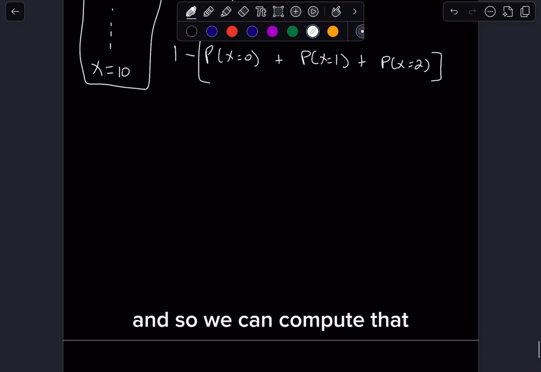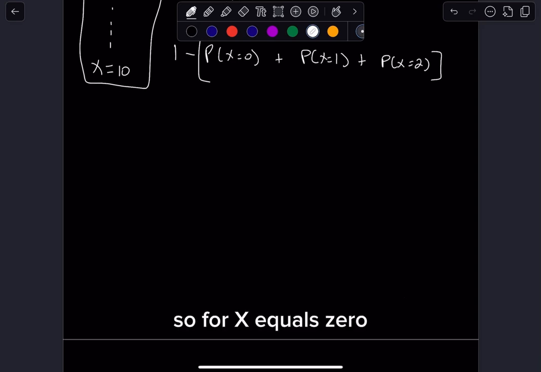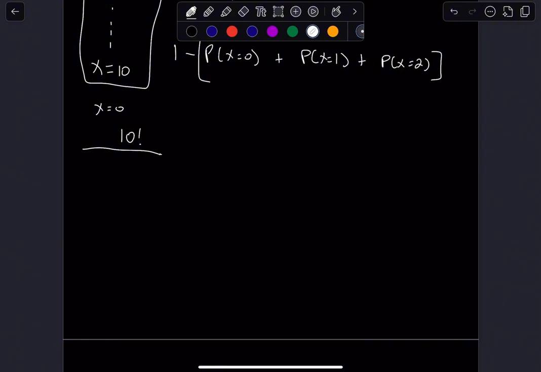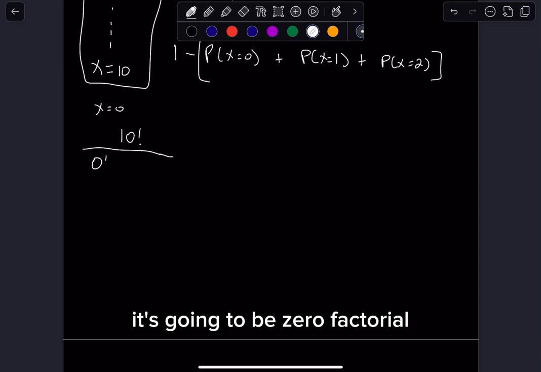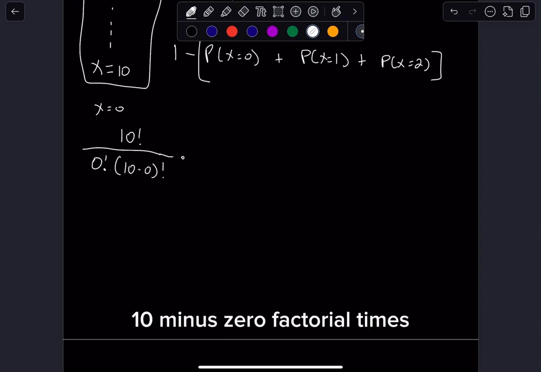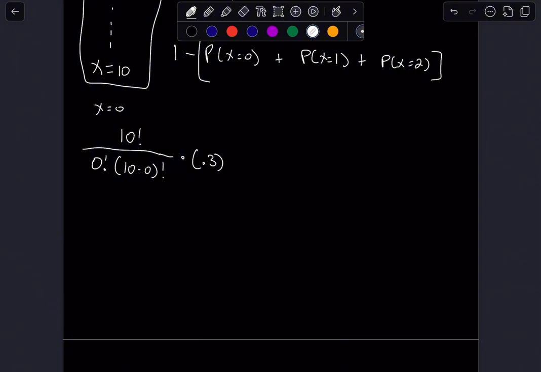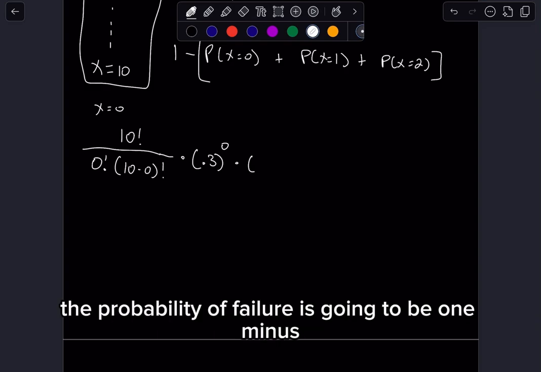And so we can compute that. So for x equals 0, we will do 10 factorial, because remember we have 10 at-bats. It's going to be 0 factorial 10 minus 0 factorial times the probability of hitting at-bat is 0.3. So 0.3 to the x, which is 0, times the probability of failure is going to be 1 minus the probability of success.